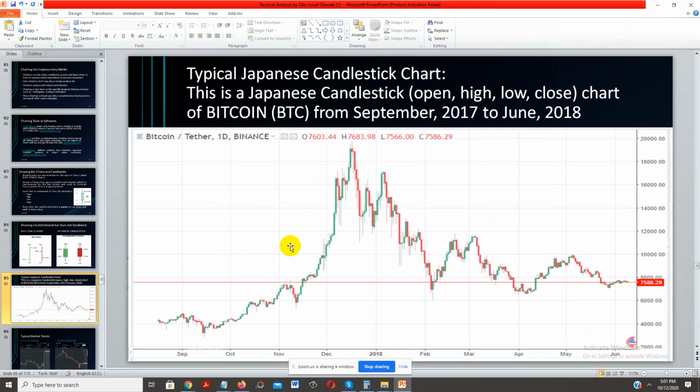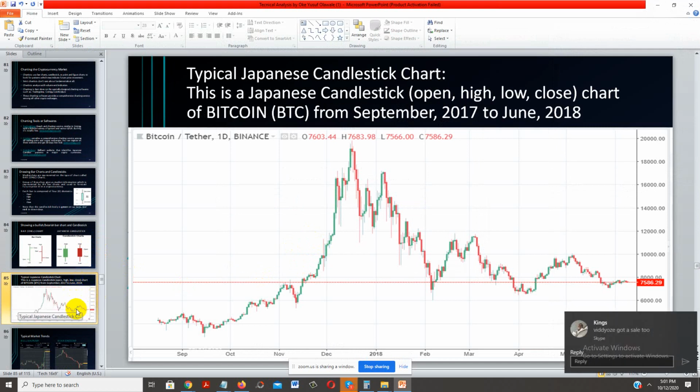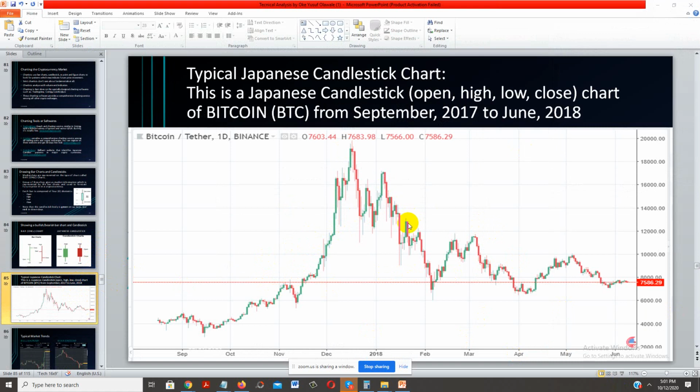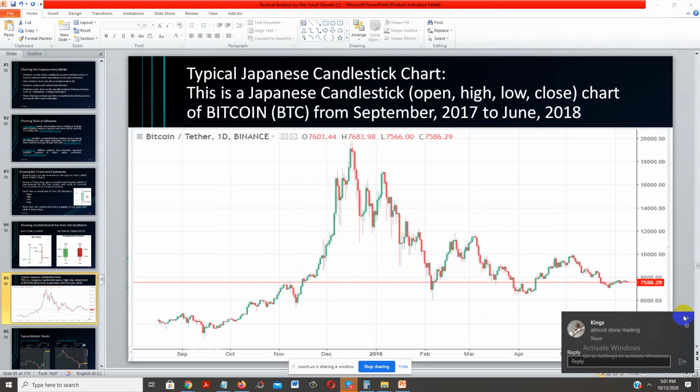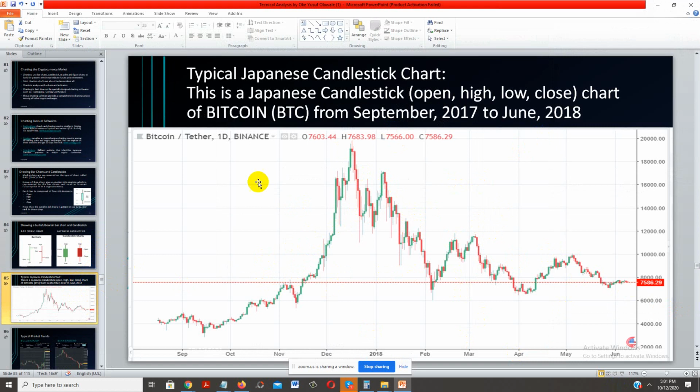Can you see the presentation now? Yes, sir. Good. What we are seeing here is exactly what you can see in your chart, but it's different in the sense of the time frame. This was a 2017 to 2018 chart, but what we are seeing there is a 2020 chart.